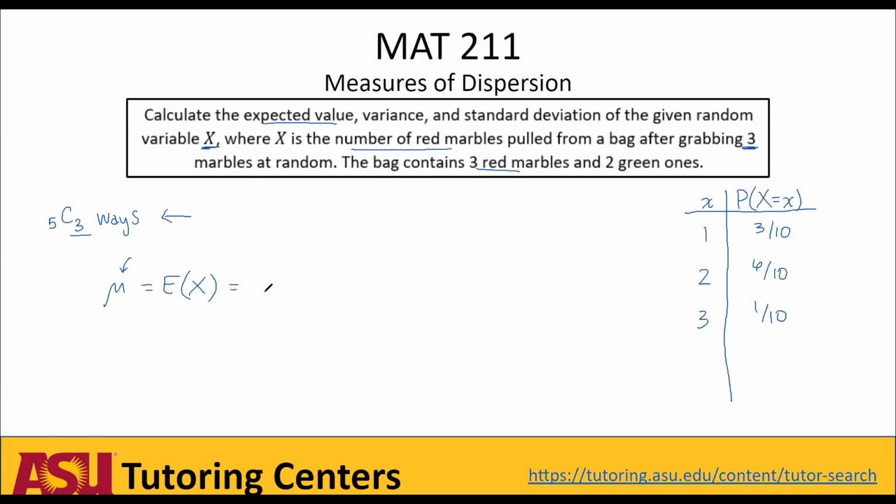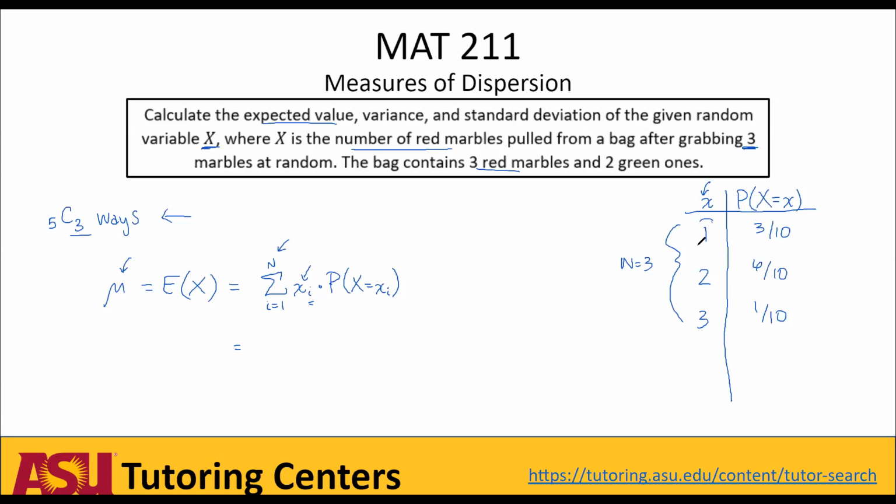And this is equal to the sum of xi times the probability that big X is equal to xi, from i equals 1 to n, where n is the number of different outcomes we have here. We can see that we have 3 different possible outcomes, so n is equal to 3, and each of these little x's in this column represents one of our xi's. We're just using the little i subscript here to index these, to make it clear for ourselves in this summation.